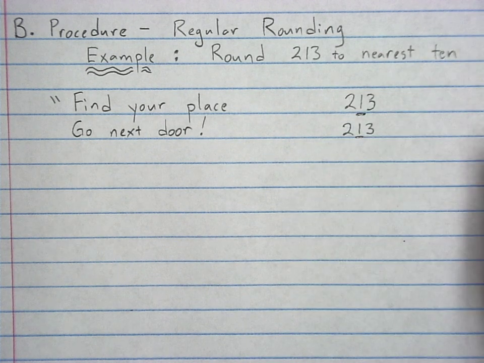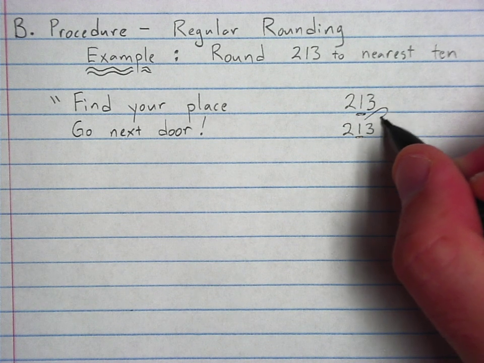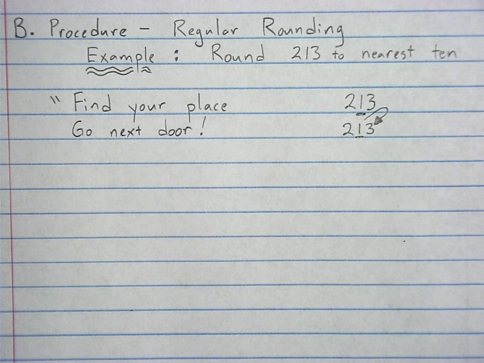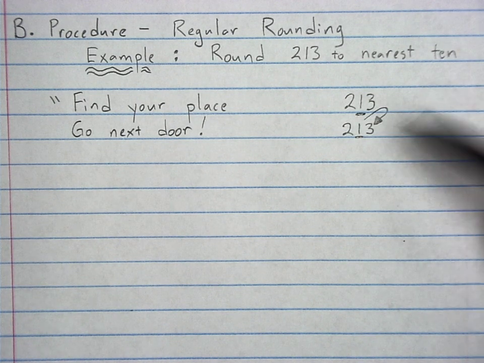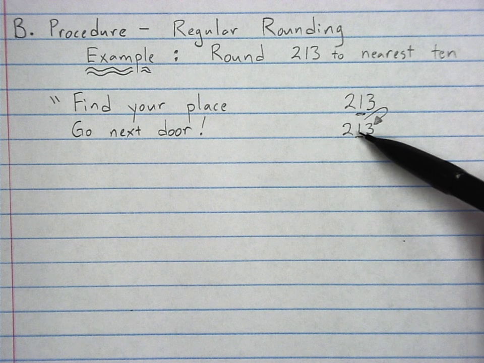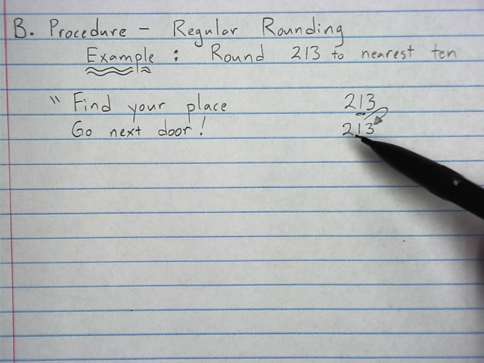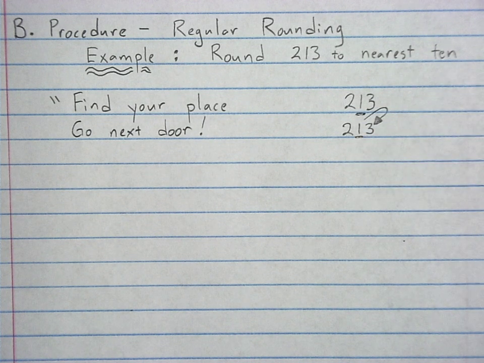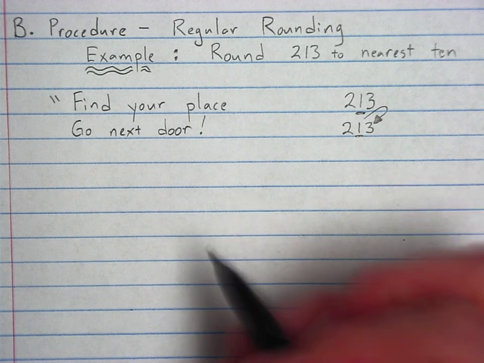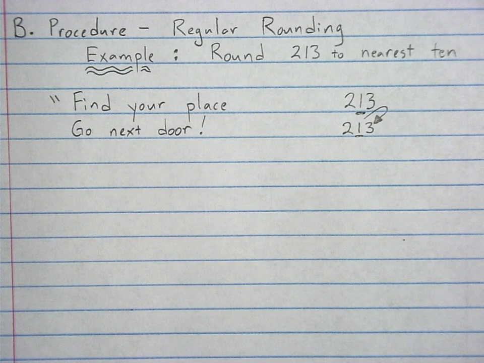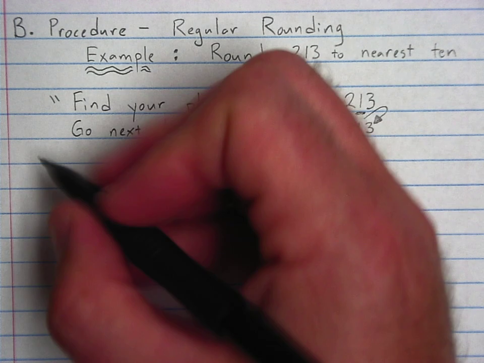With 213, you guys are going to love me for this. I swing around next door, I look at this, and I say, okay, what have you got going on for me, next door neighbor? Remember, the digit in the place you're rounding to, that's what's going to change. And it's trying to decide, first of all, should it change? Should it just rest? Or should it soar? Should it fly upwards and grow 1 greater in power? Find your place, go next door. So I'm looking next door at 3.